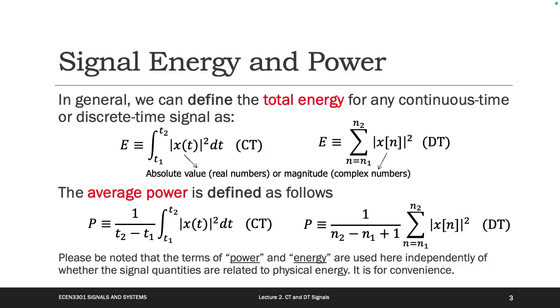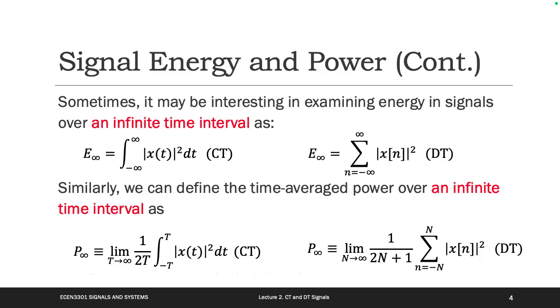So this one is a similar situation. It's just T2 equals N2 plus 1 minus N1. And this is positive infinity, this is negative infinity. Then we can get this one. Does it make sense to you?